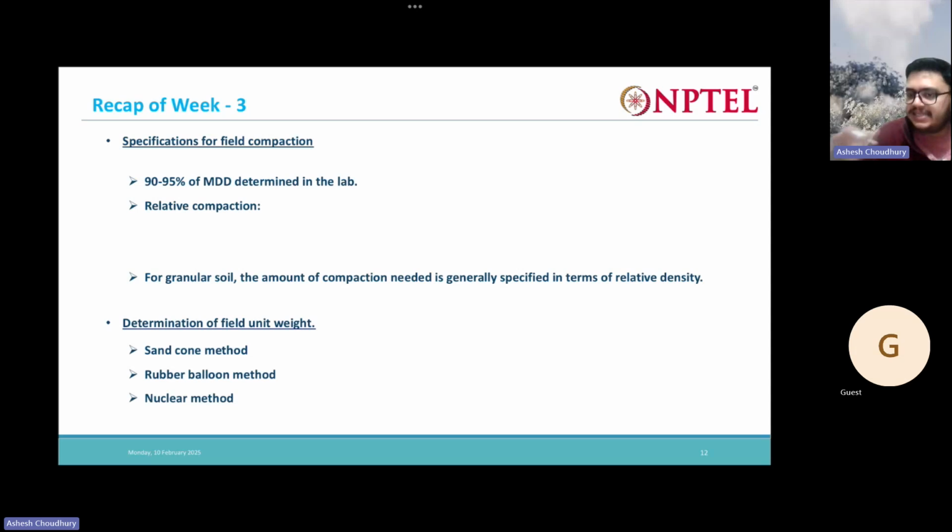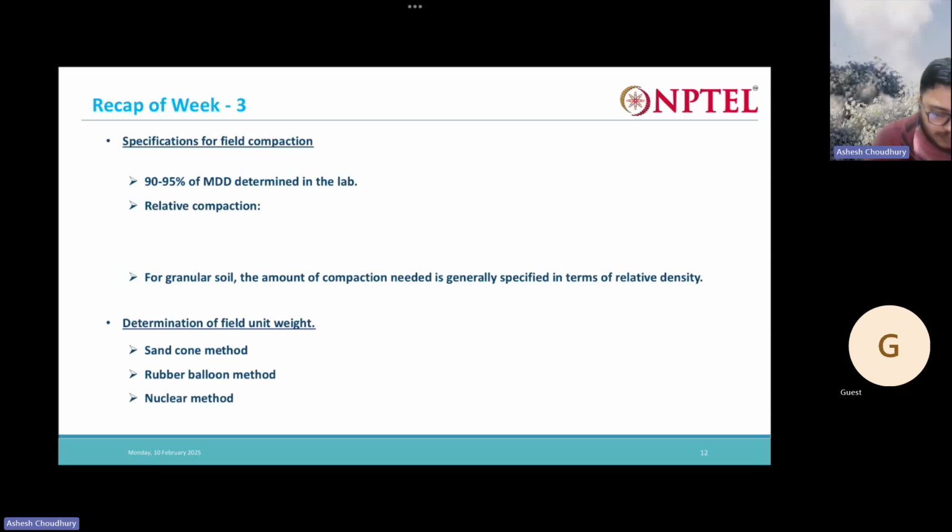So you do some tests in the lab for that particular type of soil that you have to use in the field, and you determine the maximum dry density and optimum moisture content. Then you specify that you need to achieve 90 to 95% of this dry density in the field, like that, to the field contractors.